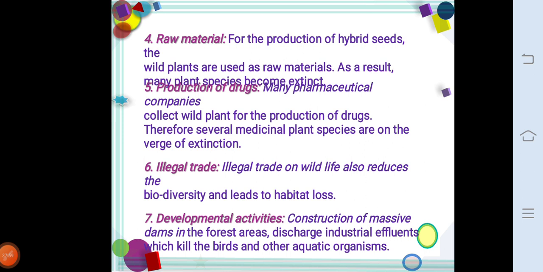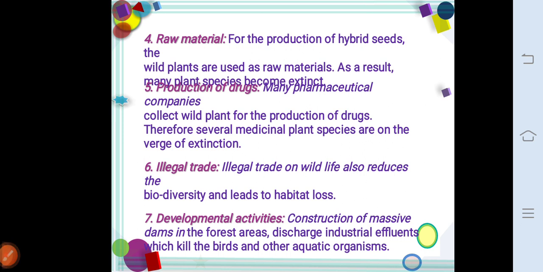Poaching can be classified into two types: subsistence poaching and commercial poaching. Subsistence poaching is killing animals to provide enough food for survival. Commercial poaching is hunting and killing animals to sell their products.